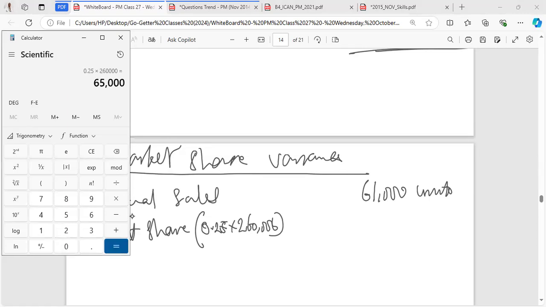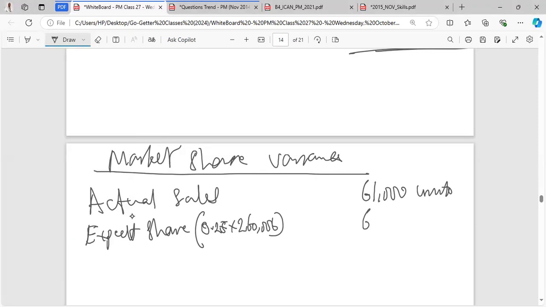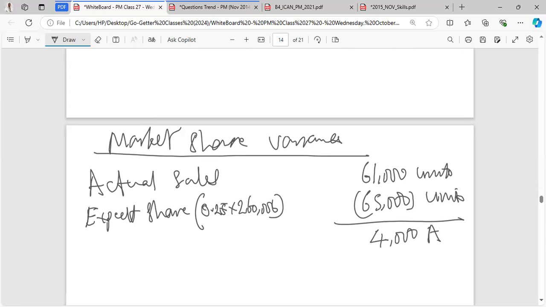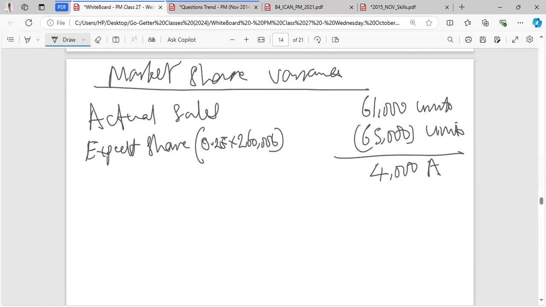So that is 65,000 units. So the difference now is 4,000 adverse. Then what is your contribution? Contribution is 40 naira.